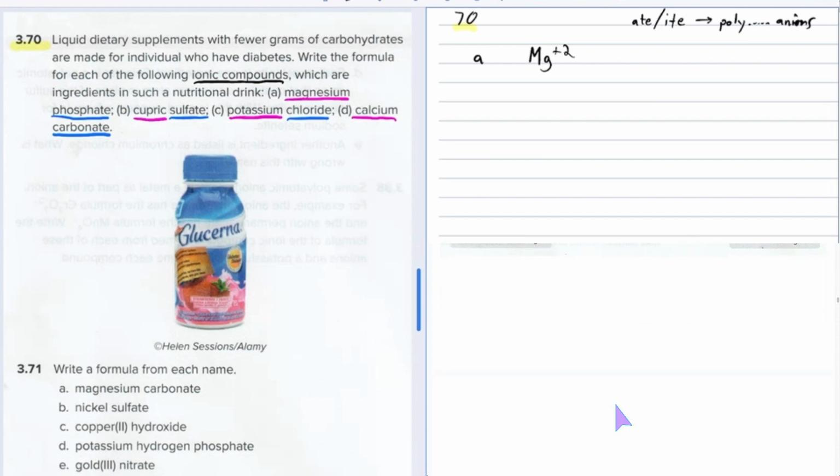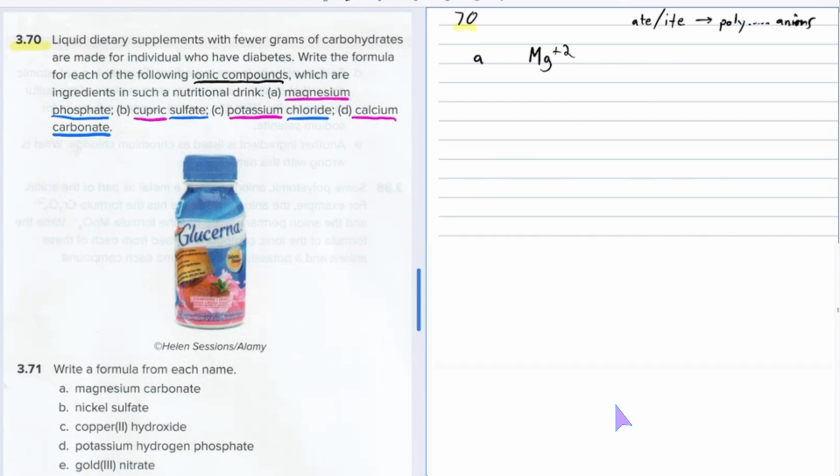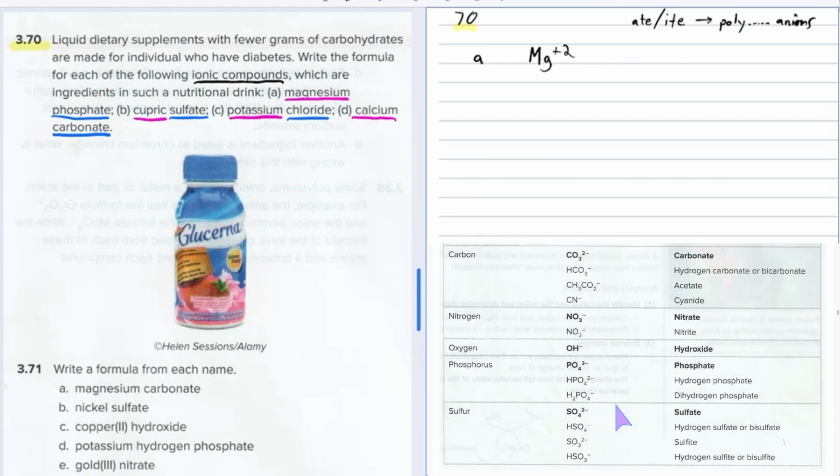And there's a table down here. No, that's not it. That's the metal cations. Here they are. So phosphate is a polyatomic anion of phosphorus, and there it is, PO4 -3.